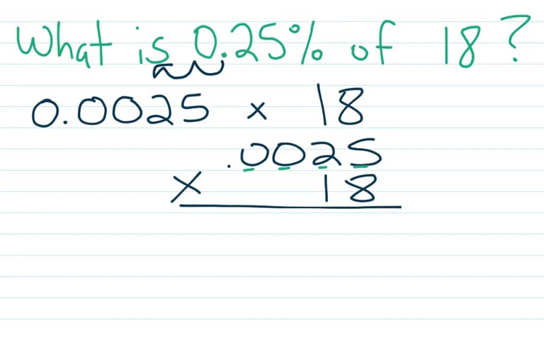I only have to do 2. So 8 times 4 is 40. 8 times 2 is 16, and then we add that 4 to it, and that's actually 20. 8 times 0 is 0, but plus that 2 is 2, and this 8 times 0 is 0.